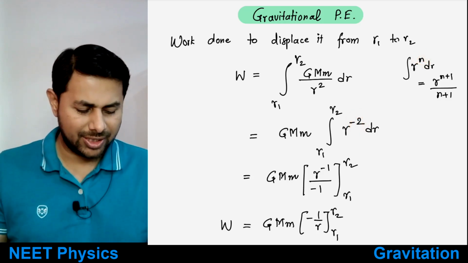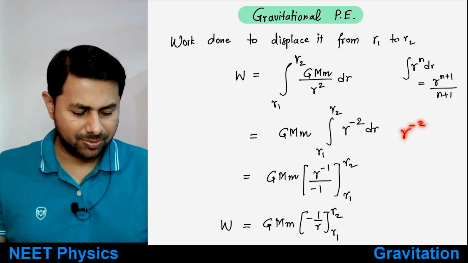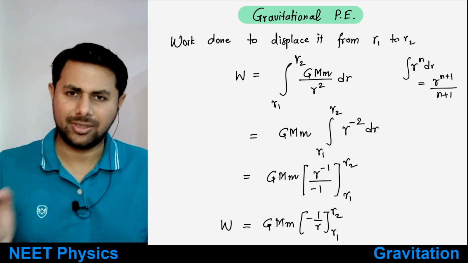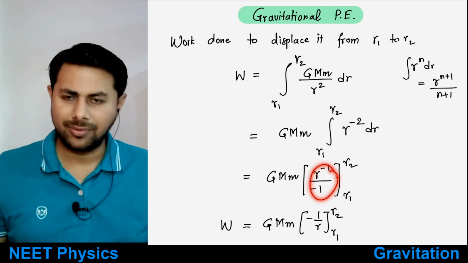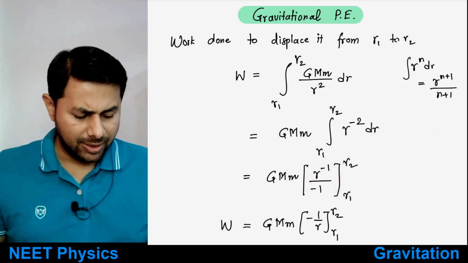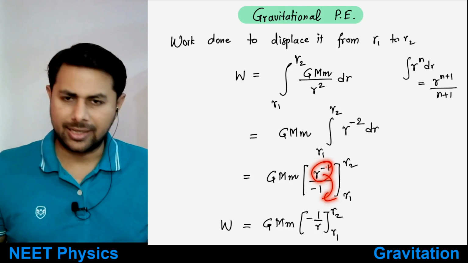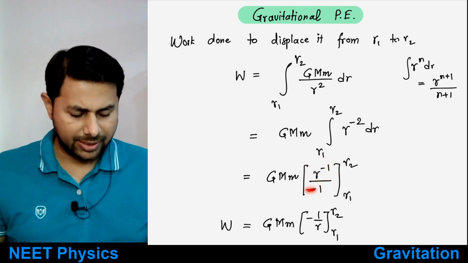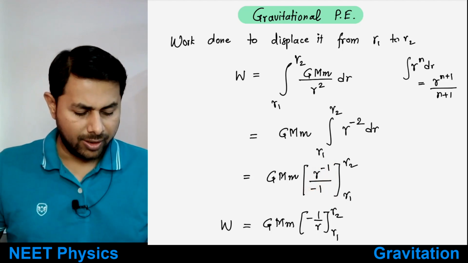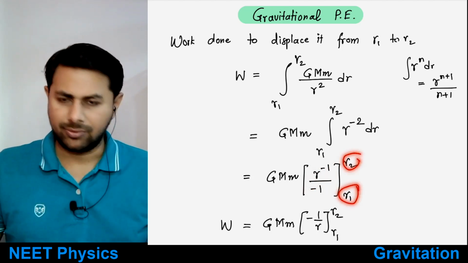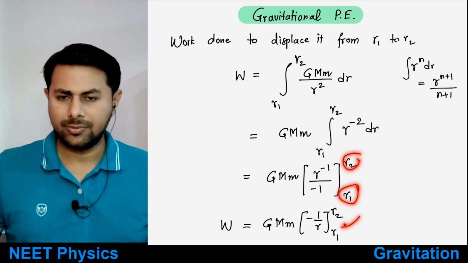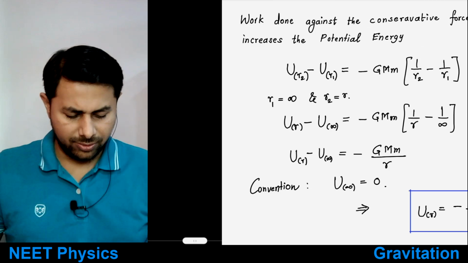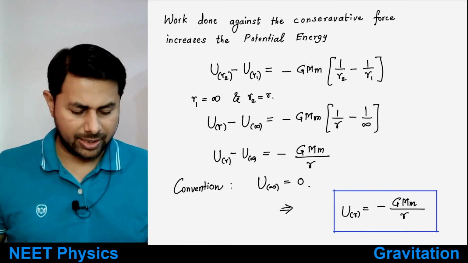So what will be the integration? r raised to minus 2 plus 1 divided by minus 2 plus 1. That is r raised to minus 1 upon minus 1, and you can rewrite this by taking r raised to minus 1 in the denominator, so it becomes 1 by r, and this negative sign will be there, from r1 to r2.